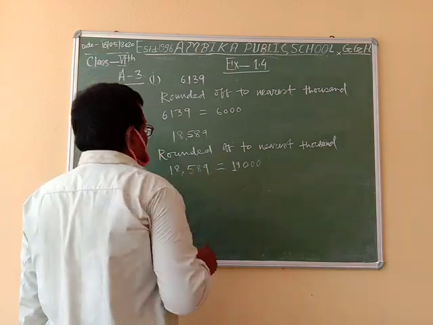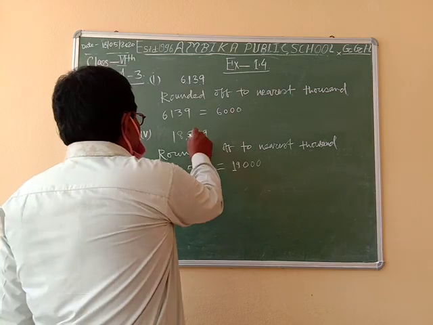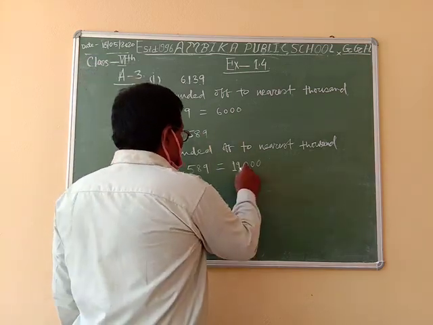So the rounded number of 18,589 is equal to 19,000.